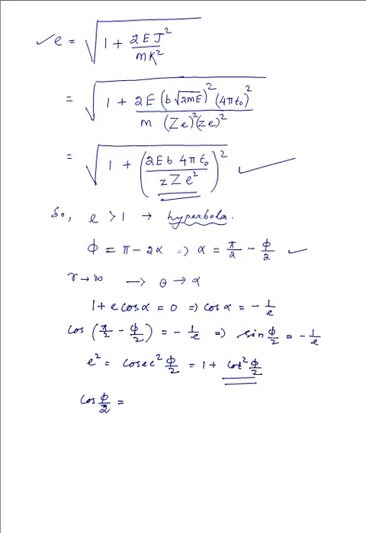So cot phi over 2, cotangent that is, is equal to the bracketed term there, that is 2eb, we can take it as 8 now, 8eb over 4 pi epsilon naught divided by the small z followed by the capital Z times e squared. So this is one way to find the scattering angle phi.